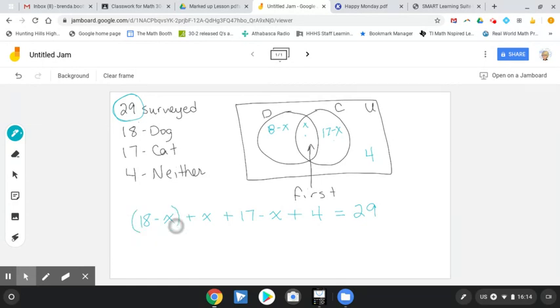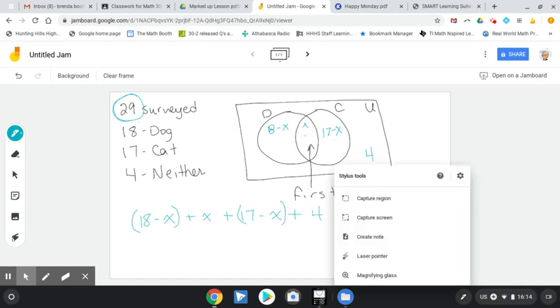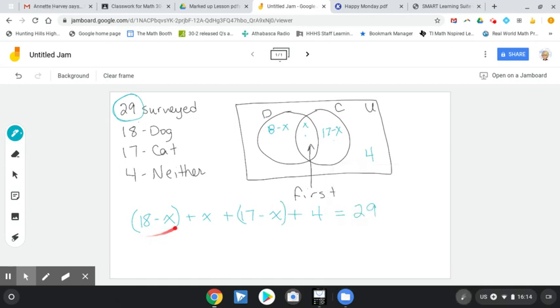Now in our work, sometimes that looks crazy, like where did all those pieces come from? You might want to put brackets around those binomials if you want, because it makes it more obvious that you've got 1, 2, 3, 4 sections adding up to 29. But the brackets don't make any difference in our actual work. So when we start combining like terms, this negative X and the positive X cancel each other out.